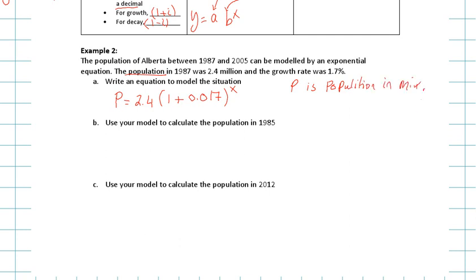If you wrote 2.4 million as 2, 4, and then 5 zeros, then you don't have to say in millions. Okay? Good. What does the X represent?